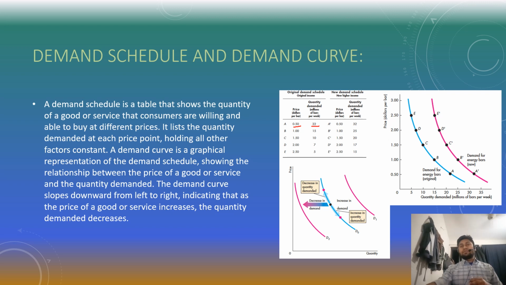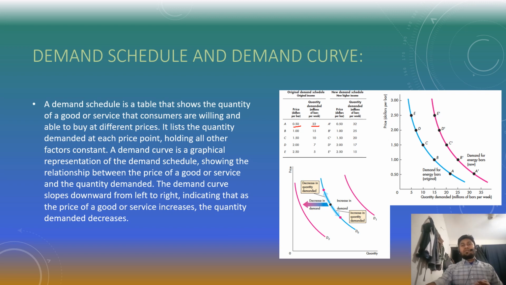Here we see when price is higher, then demand is low, and here we create a new demand. When the price is 50 cents, then the demand is 32, and when the price is $2.50, then the demand is 15.